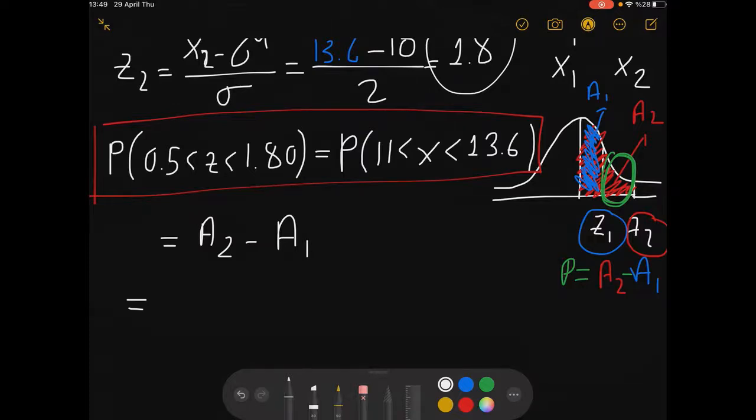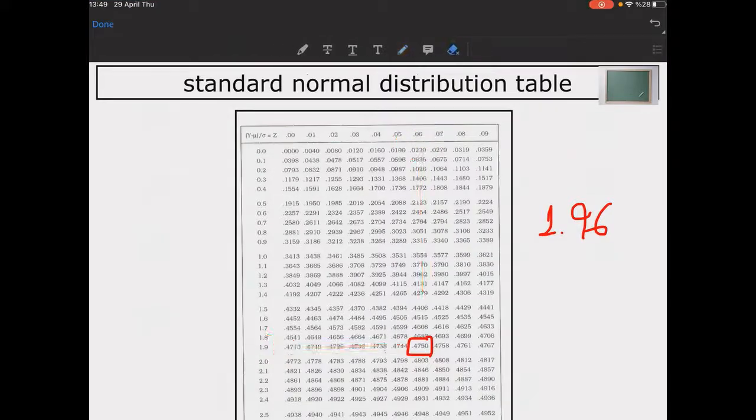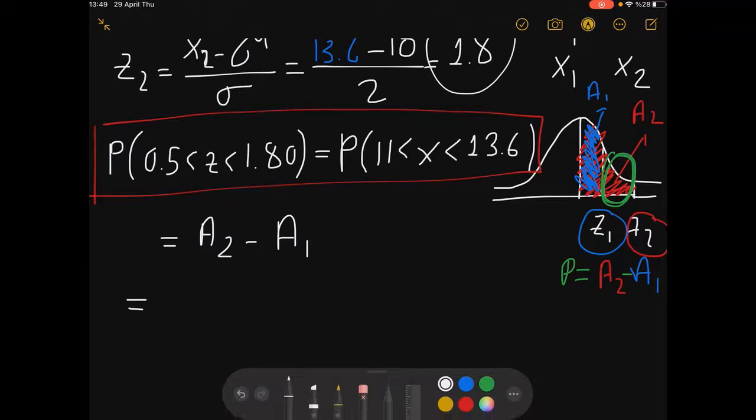Okay, now the question is, what is A2 and what is A1? Let's start with A2, which is 1.8. What is 1.8 here? This one is 0.4641.